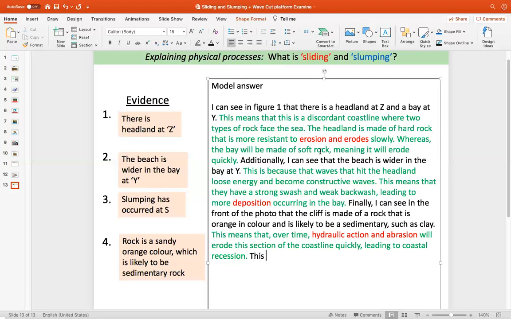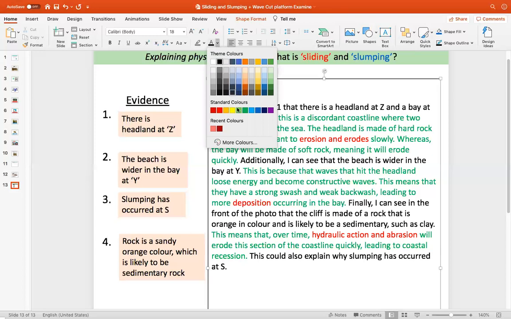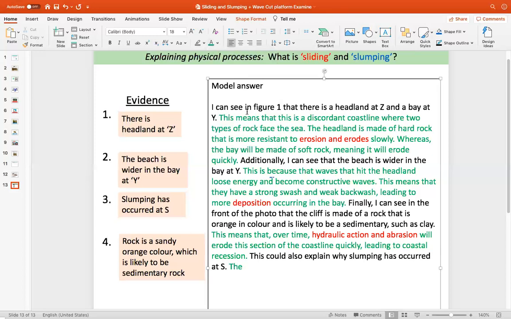This could also explain why slumping has occurred at S. This is where we get our explanation of the physical process that we've learned about today. So slumping is a type of mass movement.